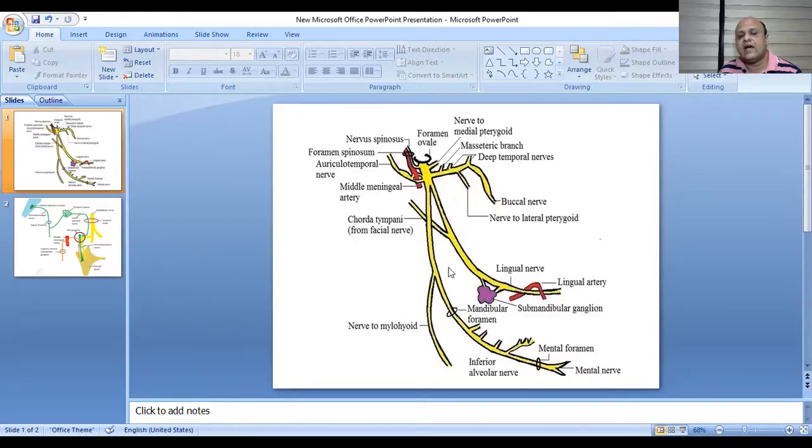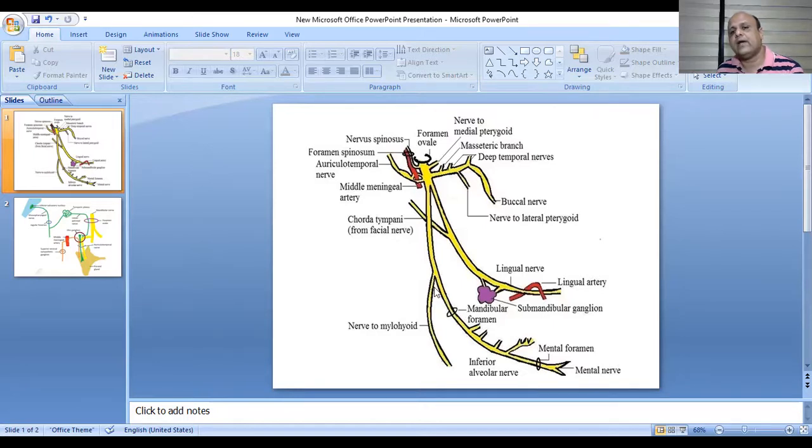Then we have the larger terminal branch of the posterior division of mandibular nerve, what is referred to as the inferior alveolar nerve. You can appreciate its vertical course. This inferior alveolar nerve passes through the mandibular foramen, and just before it enters into the mandibular canal, this nerve gives off a mylohyoid branch, what is called the nerve to mylohyoid.